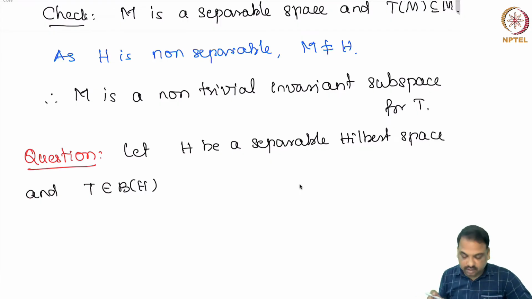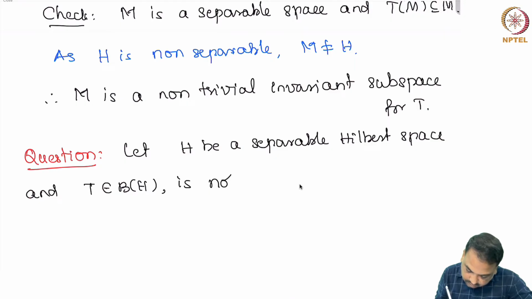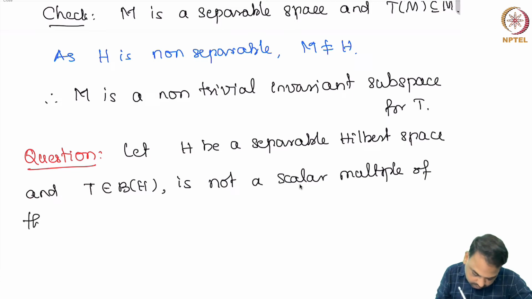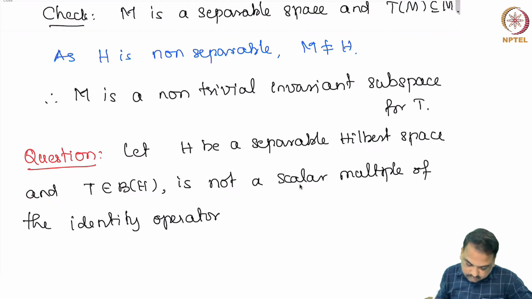So if you take a scalar times identity also, it will have plenty of invariant subspaces.